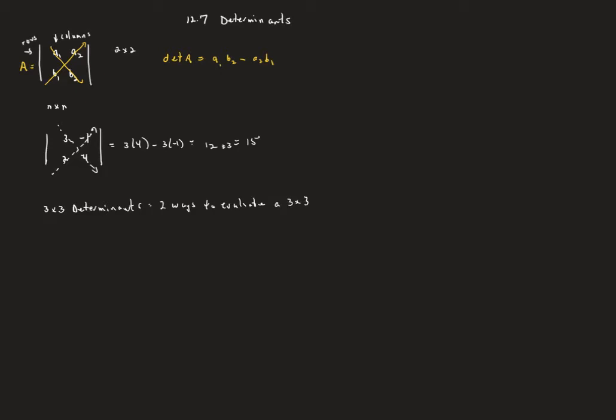And the second method is the more general method that works for all determinants of all sizes. So I'm going to do method 1 first. It only works for 3 by 3s, so it's kind of a special method for only 3 by 3s.